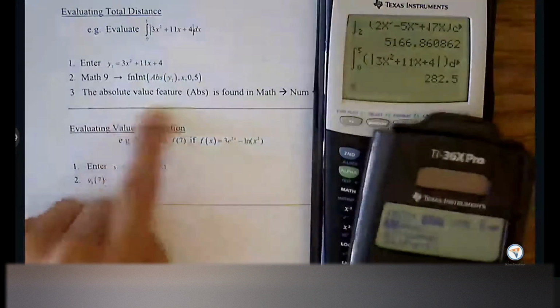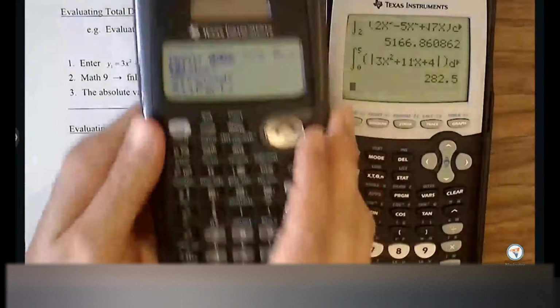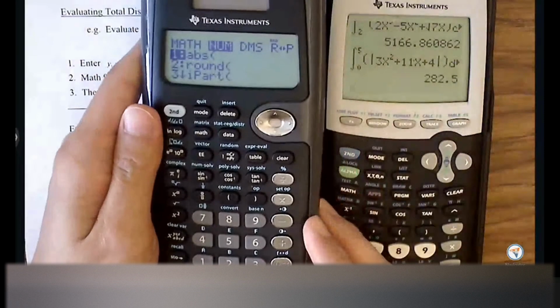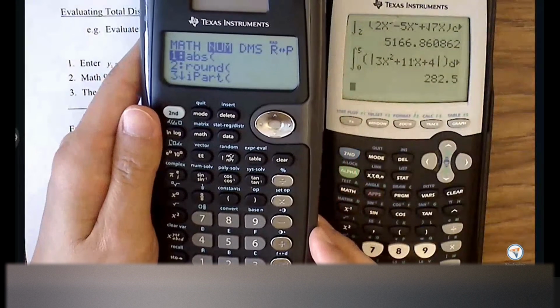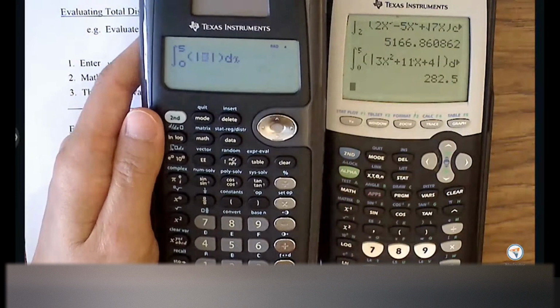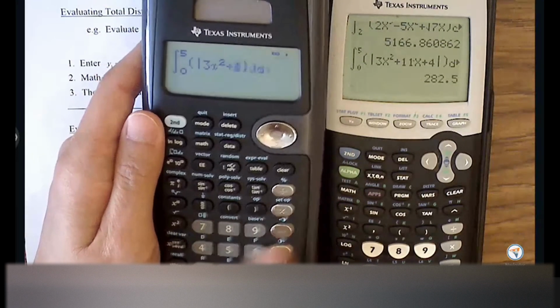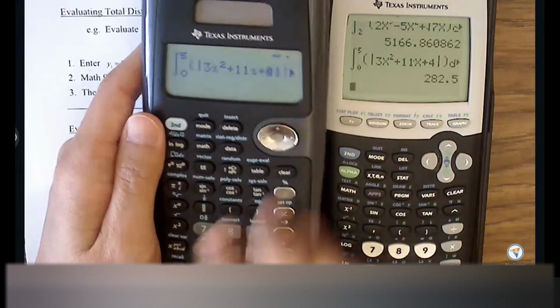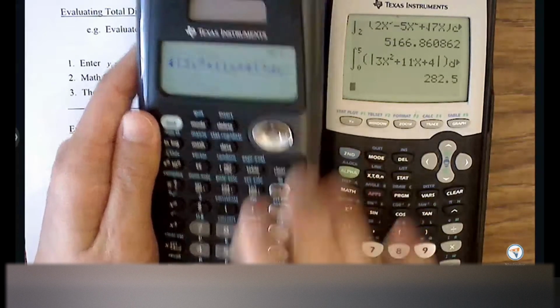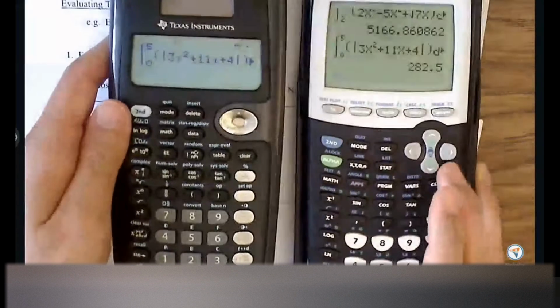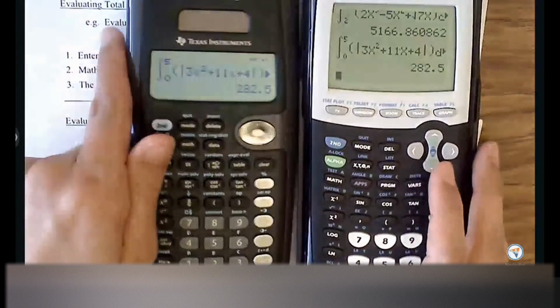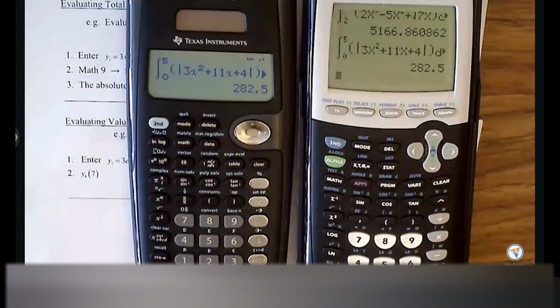I have it all spelled out on the direction sheet, so you don't have to memorize it, just be able to practice with it. Okay, absolute value bar shows up. We enter the expression inside of it, and we should get the same answer. Total distance, absolute value of our velocity.